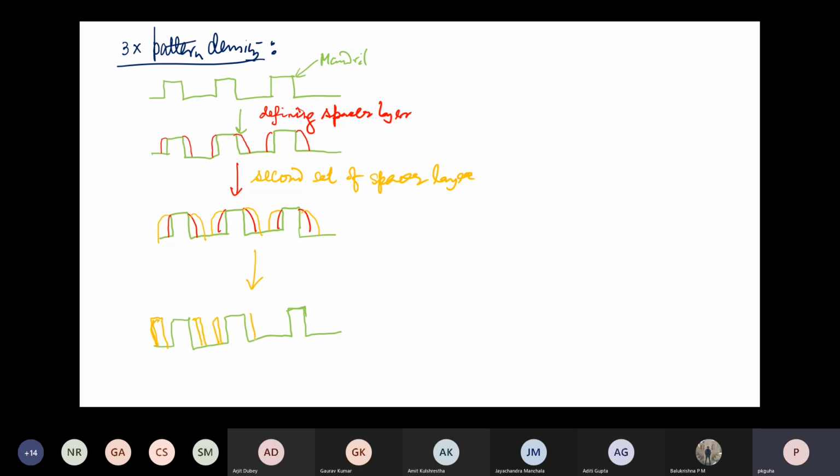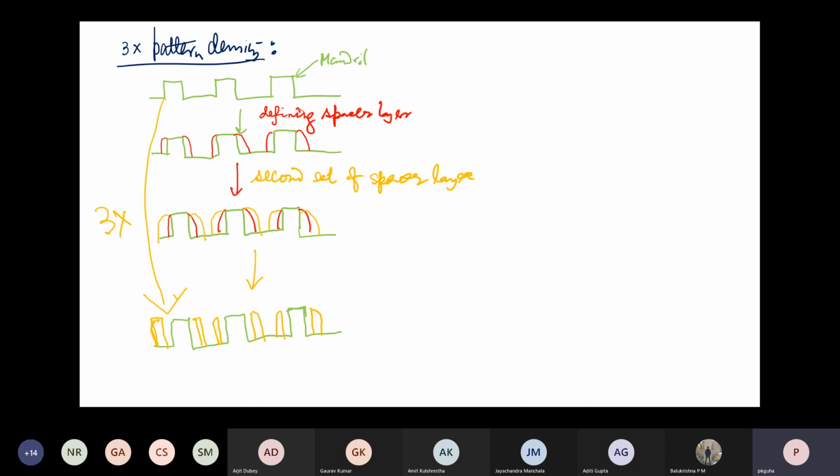So we have removed the first set of spacer layer, and you see now the pattern density is increased 3 times. Okay, pattern density has increased 3 times.